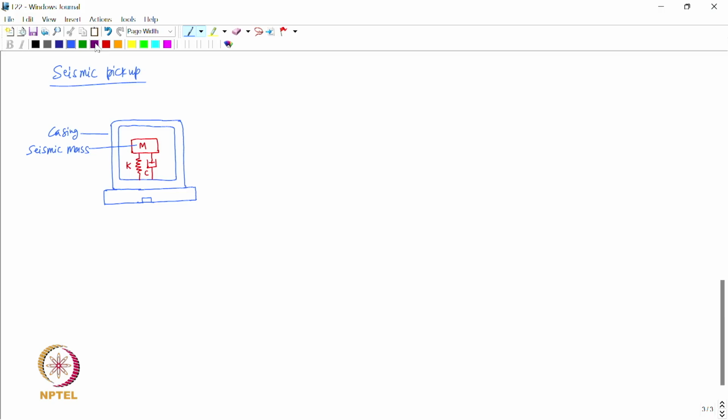So, let us say we have this surface here whose vibration we want to measure like this. And then a stud is used to secure the seismic pickup to the surface in this manner. Okay.